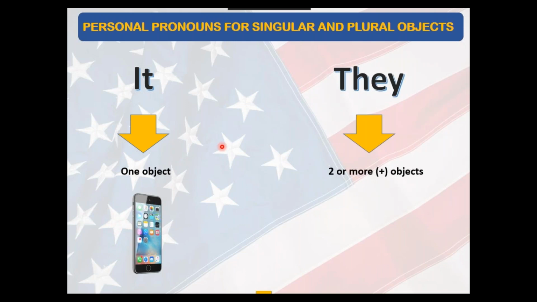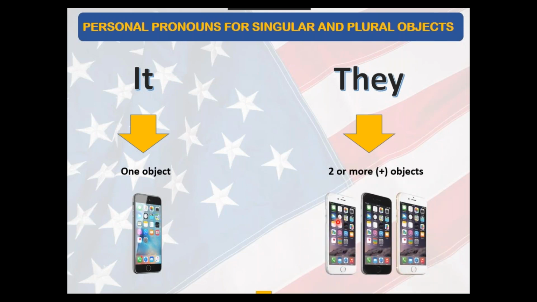And for plural, we use this special pronoun, they. Pronounce, please, they. They we use with 2 or more objects. They, plural, it, singular. For example, 3 cell phones or 3 iPhones, right?